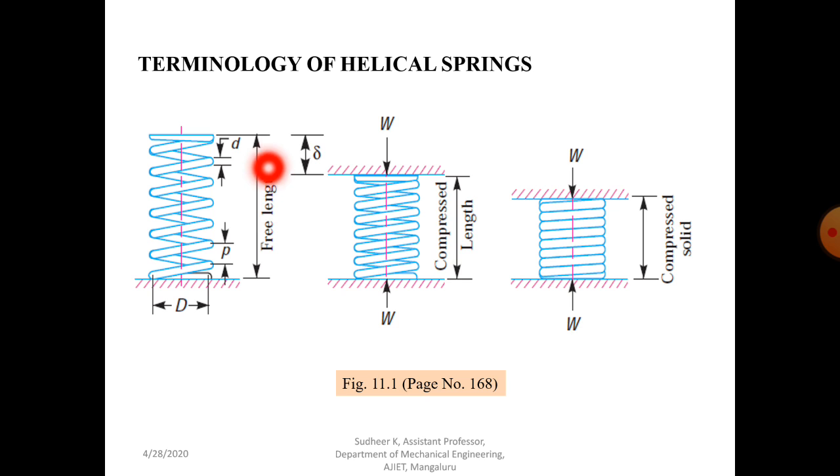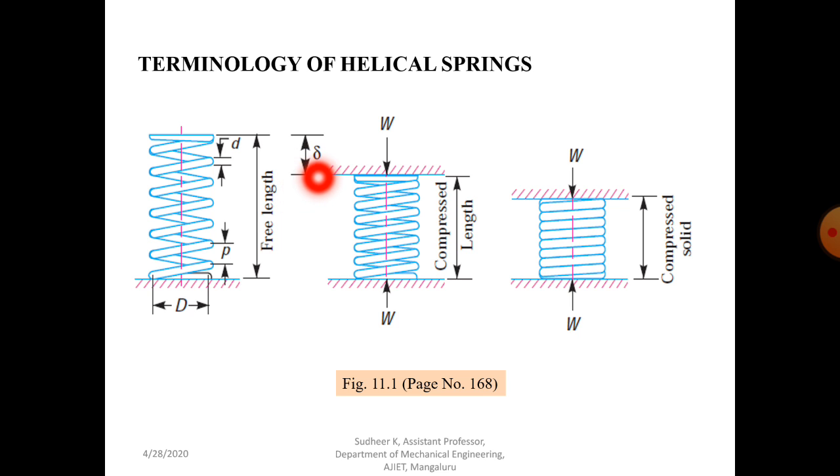Its length is the free length. When you apply load, under the action of a compressive load, the spring will compress. The resulting length we call the compressed length. So there will be a deformation from the initial length to the final length.